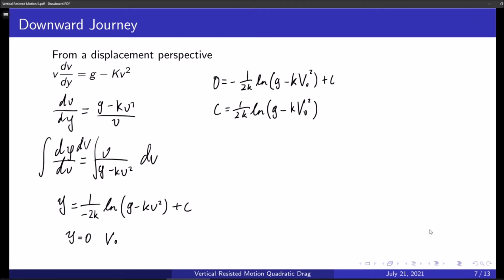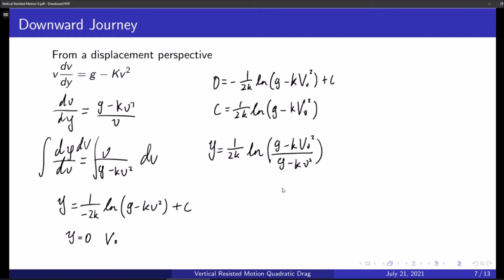And then if we combine everything together, we will end up with y equals 1 over 2k. So it will be this minus this, so log of g minus kv naught squared over g minus kv squared.